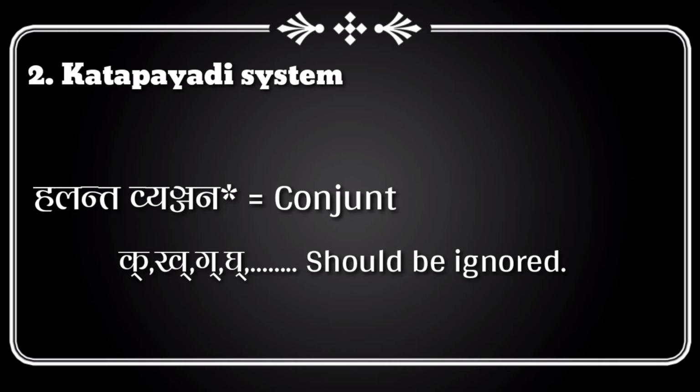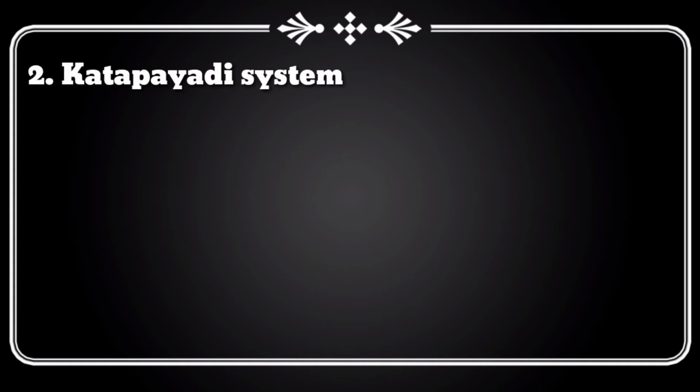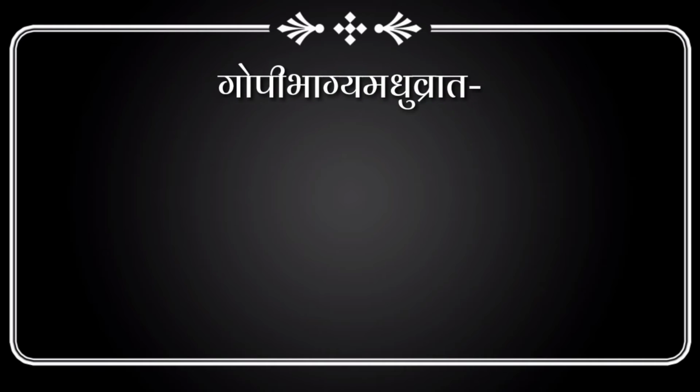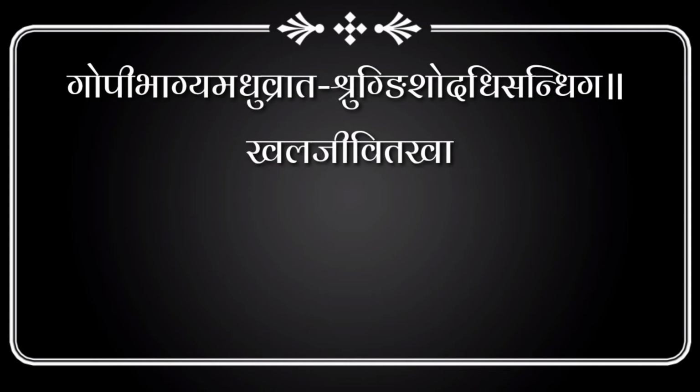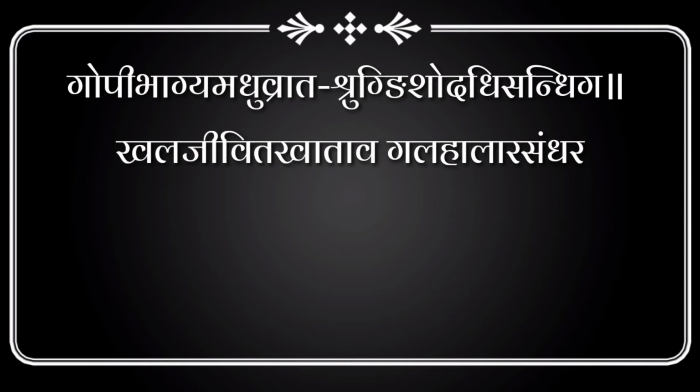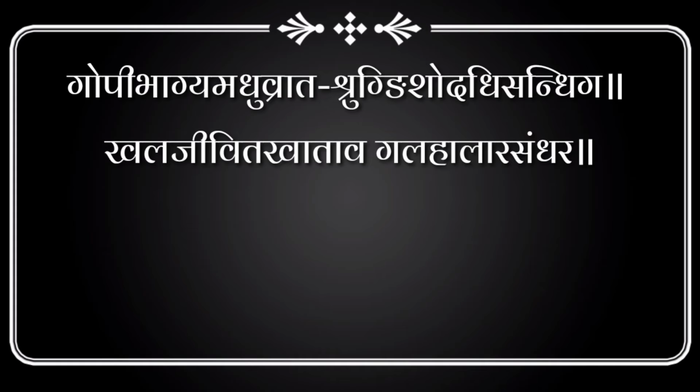Now let us attempt to say the previous number that we had already pronounced in the general system. Actually, there is a verse for 17 decimal places of pi. The verse goes like this. Gopi bhagya madhuvrata shrungi shodadhisandigha khala jivita khatava galahalara santhara.